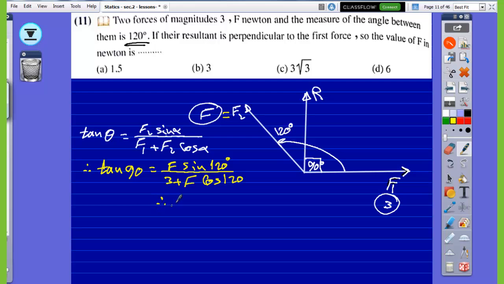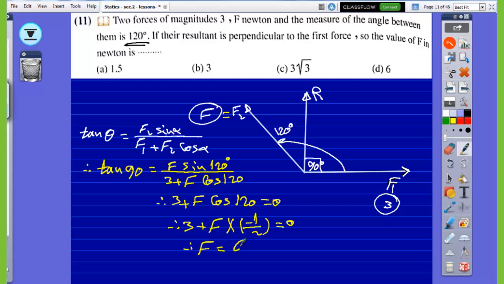So we can write 3 plus F cosine 120 equals 0, and then 3 plus F multiply cosine 120, it is negative half, equals 0, and then F equals 6, and you can choose letter D.